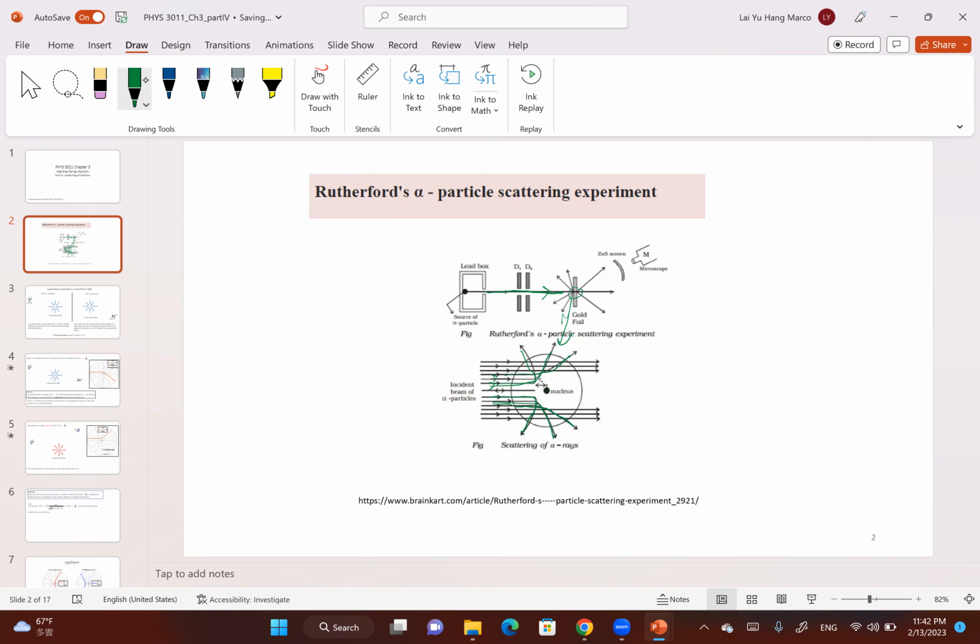And you can see that different alpha particles will be deflected differently. It really depends on the initial position of the alpha particle.